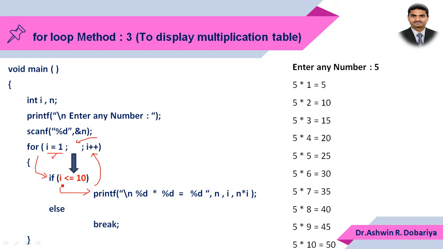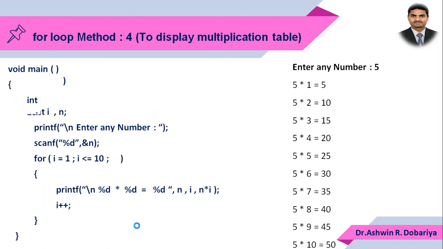I becomes 2, again 2 is less than 10, yes, it displays this, again I becomes 3, 4, 5, up to 11. Once it is 11, then this condition becomes false, and then it will break. We already discussed that break generally terminates the active loop. So here we have mentioned break in this for loop, so control will directly transfer outside the for loop.